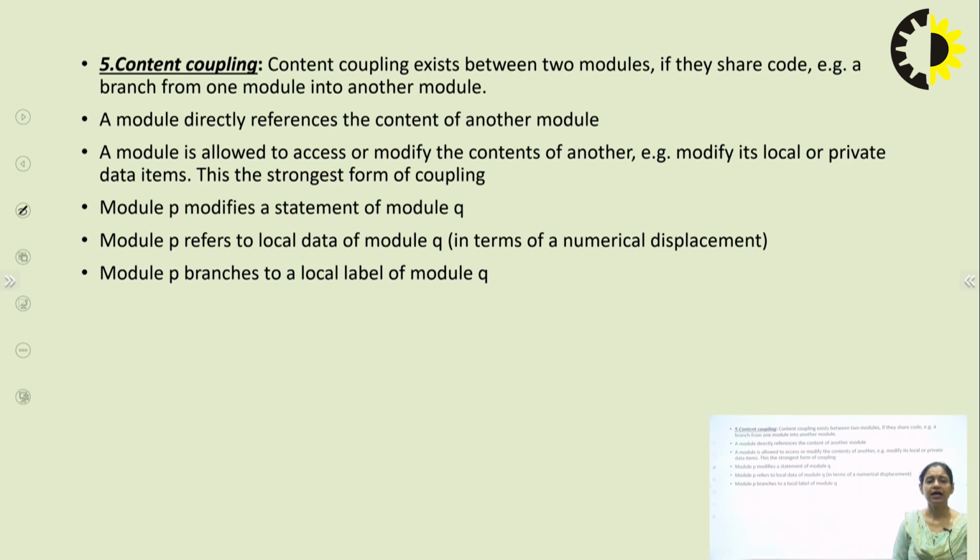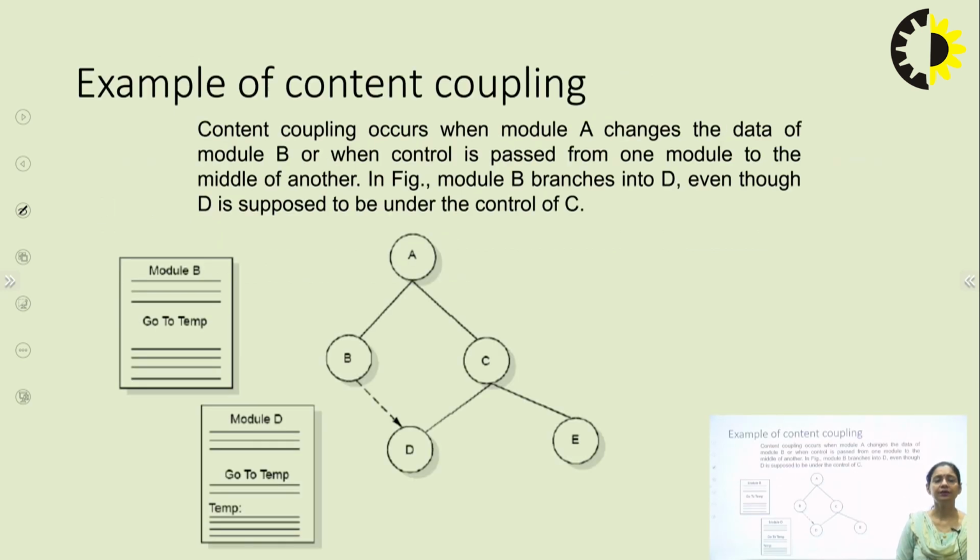The next that we have is the content coupling. Content coupling exists between two modules if they share the code, for example, a branch from one module into another. For example, this is the example of content coupling.